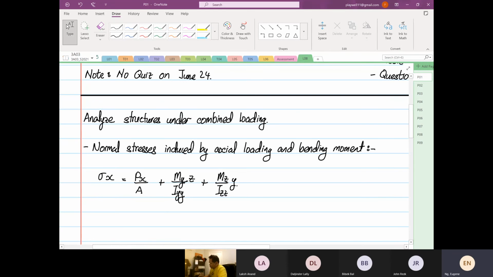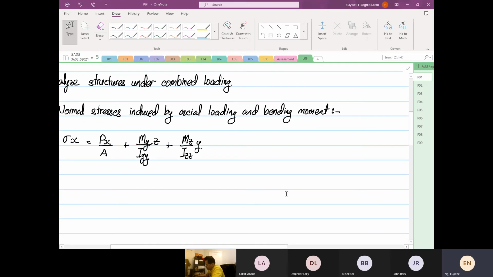You are really familiar with this. If I have an axis here and the distance from the centroid, this is our stress sigma x and this is our y displacement. This is how the normal stress distribution will look.